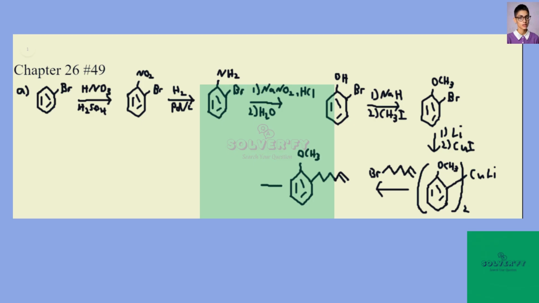And so to do that, we want the alcohol on the interior of the molecule. So we're looking for the Markovnikov product here. And so we can just use sulfuric acid and water.